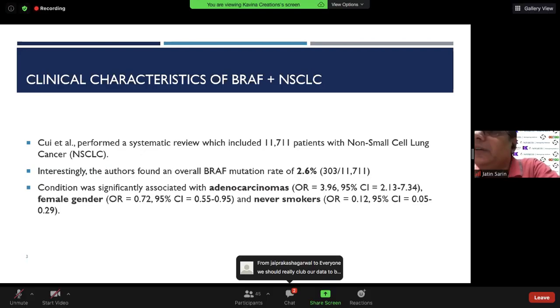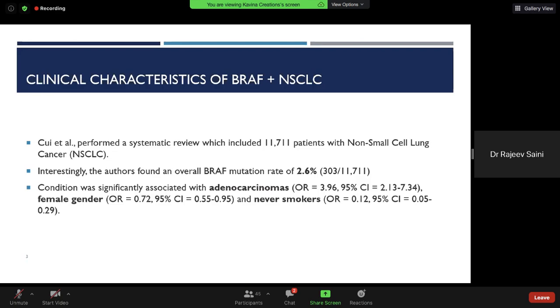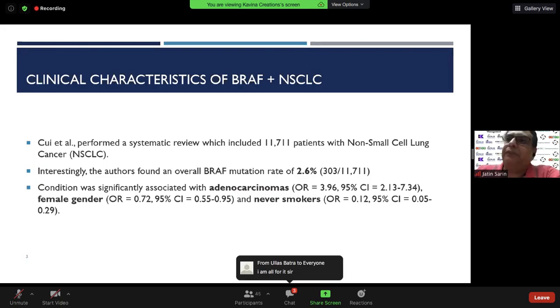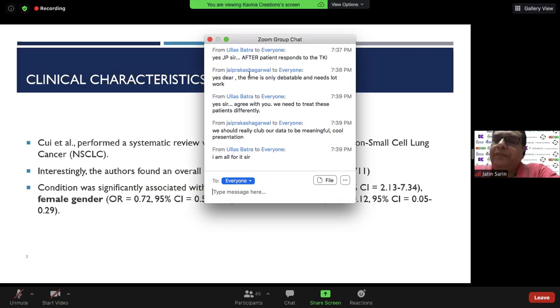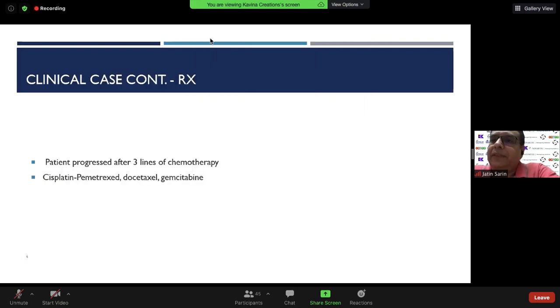Is it a possibility, or is it a harbinger of a different kind of biomarker? Anybody? She can have a BRAF mutation also. Okay. Next slide, please.